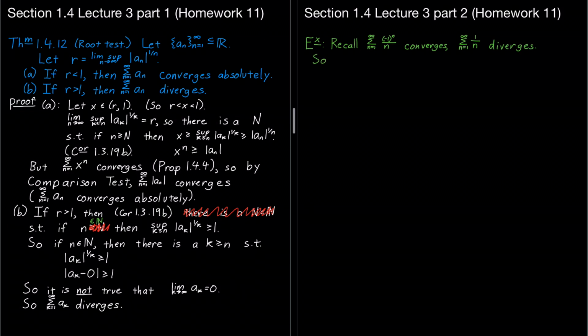So we must have that the lim sup as n goes to infinity of |a_n|^(1/n) can't be any bigger than 1. If it was bigger than 1, then this series would diverge.